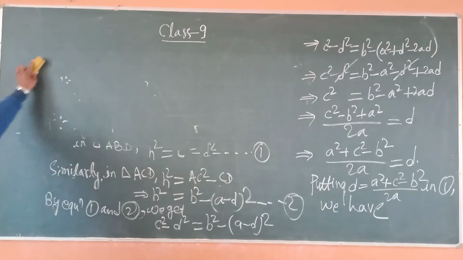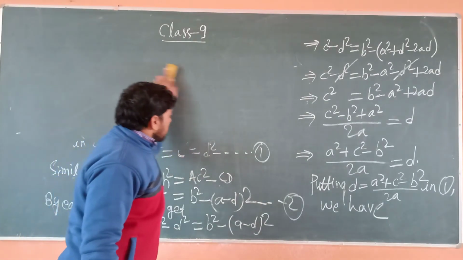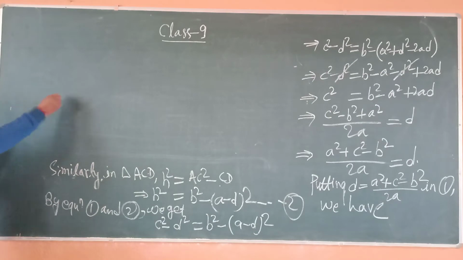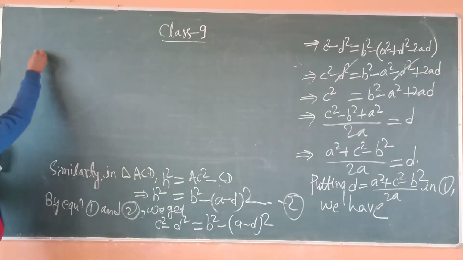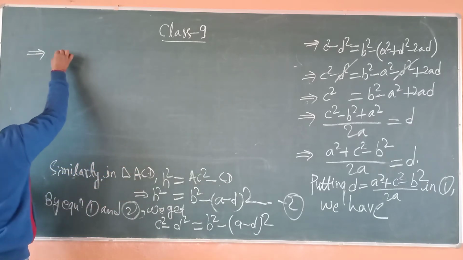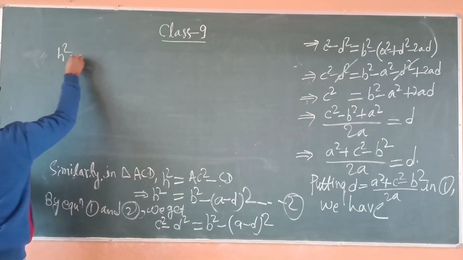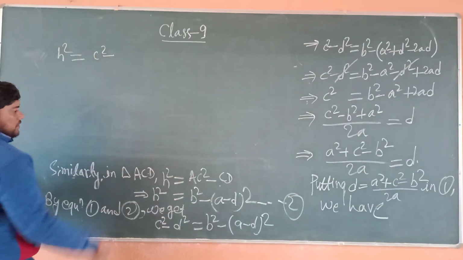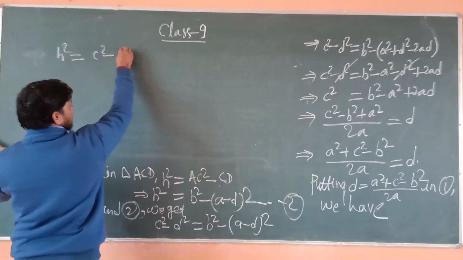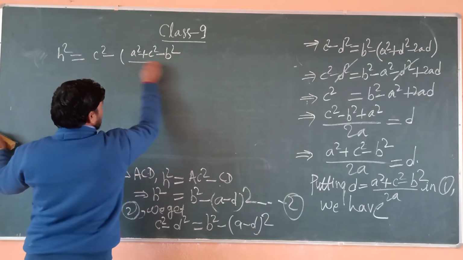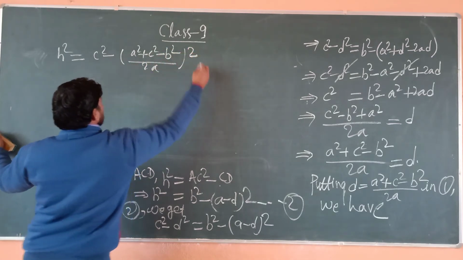The derivation will go long, but it is very important. In the first equation, h square is equal to c square minus d square, where d is (a square plus c square minus b square) upon 2a, to the whole square.